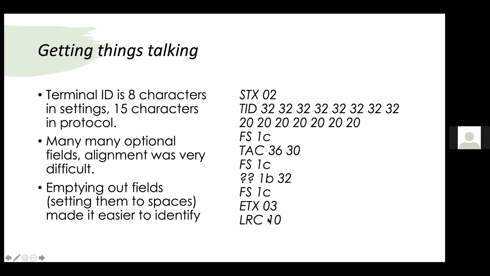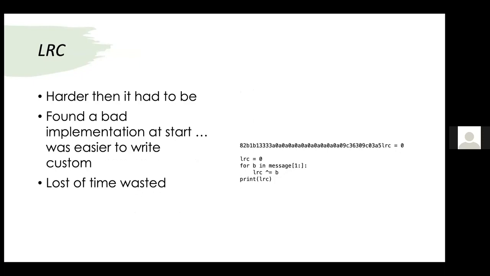And then at the very end, there's an LRC, which was supposed to be a verification of the entire message. We had issues, more specifically, I had issues. LRC is implementation dependent. You'd think it would be consistent, but there are slightly different ways that you can do the calculation.